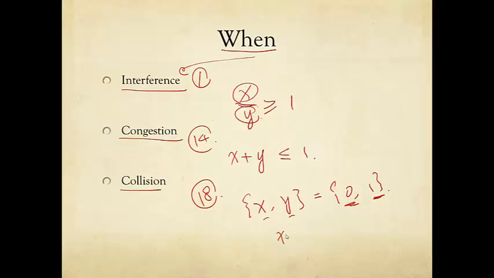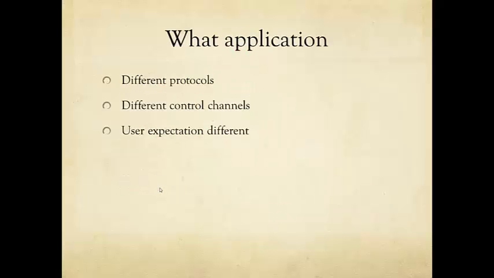So you need x plus y less than or equal to 1, but still both x and y can only be binary. So it's a binary behavior. Whether it's multiplicative constraint, additive constraint, or a binary combinatorial kind of constraint, we face interference, congestion, collision to different degree depending on the time of the day.